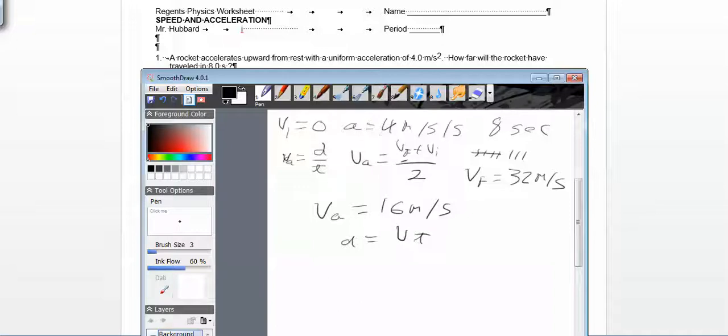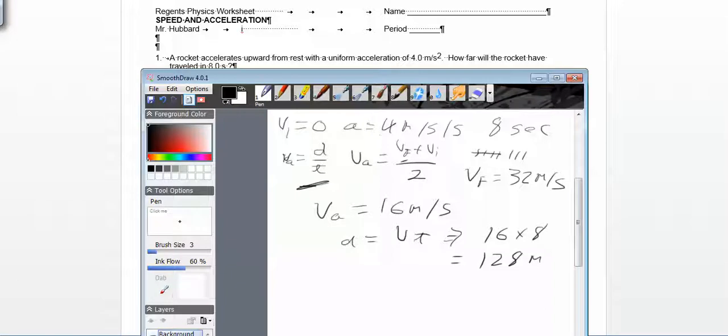I just rearranged this equation. And this gives me our distance equals 16 times 8. If you do the math on that, it's 128 meters. So it's working out the same way for both of these methods.